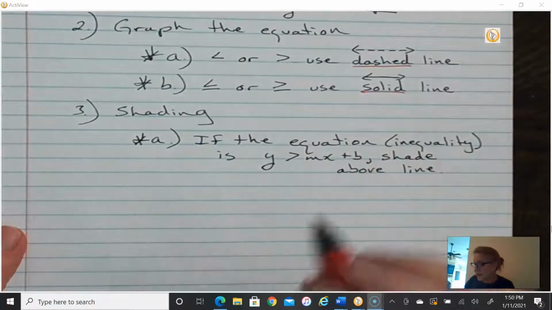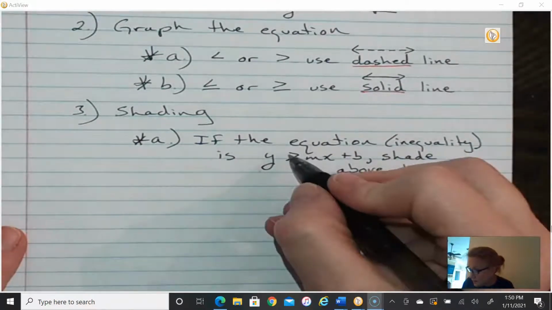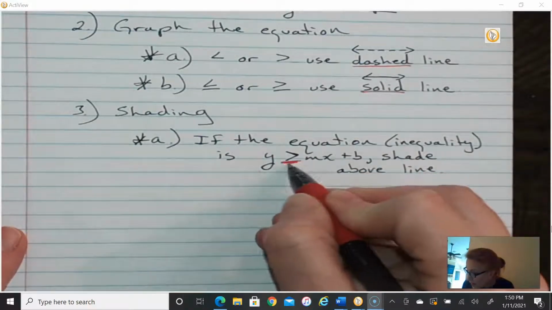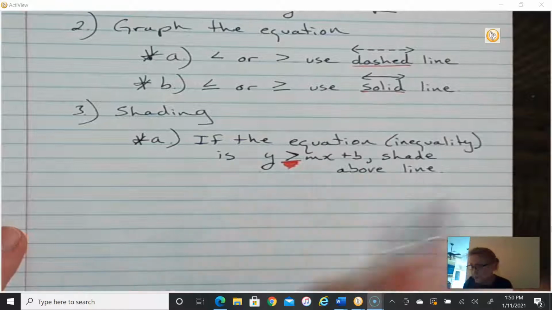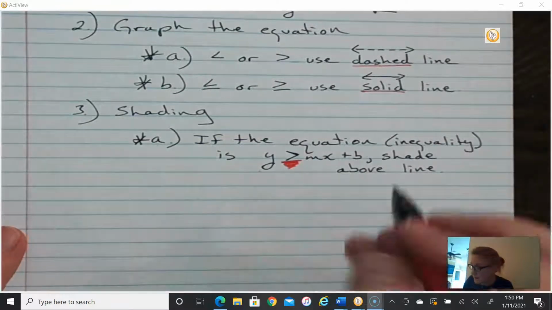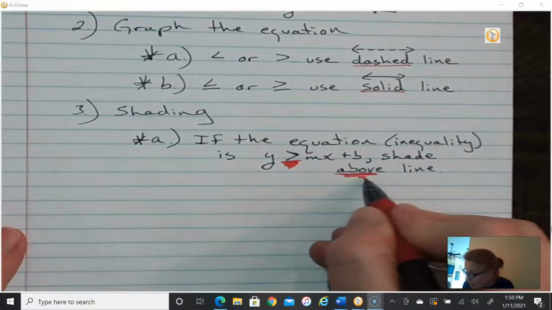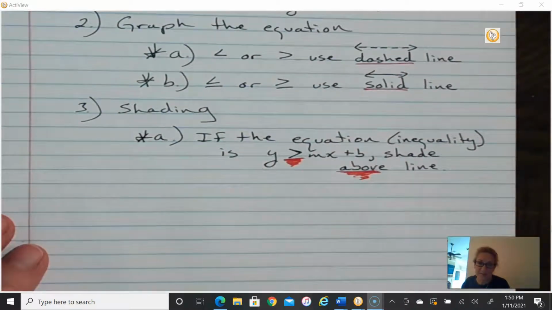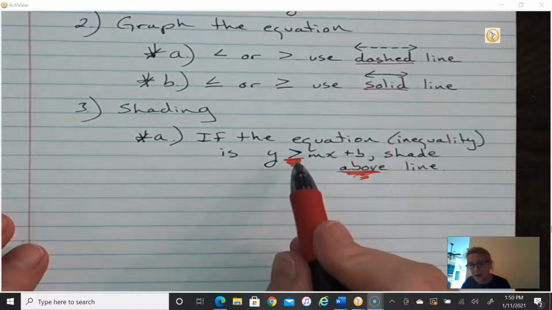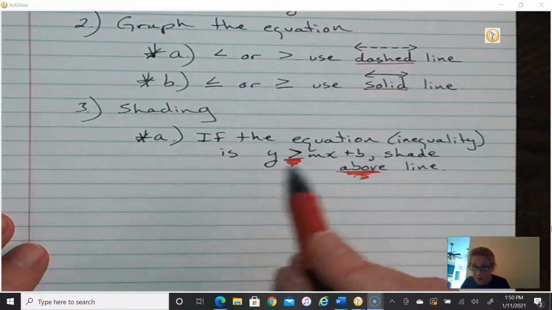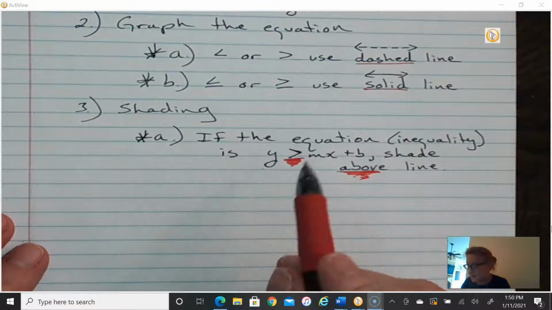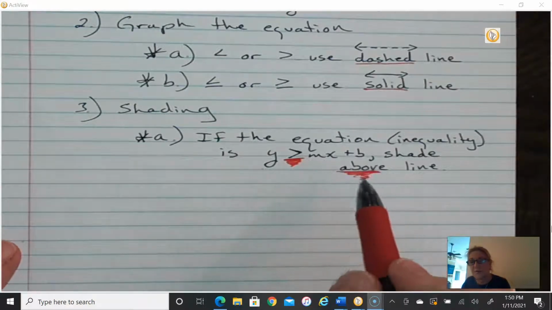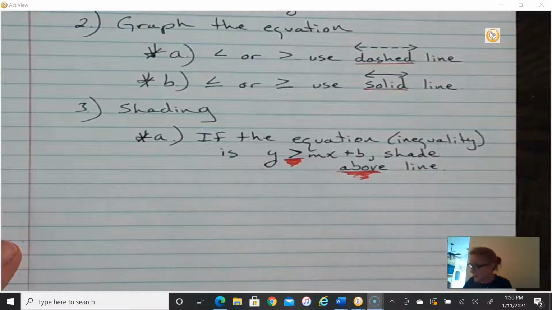So if your linear inequality has that greater than symbol, you're going to shade above the line. It works every time. Because you're going to be moving stuff around to get it into this format, y is greater than mx plus b, you're going to shade above the line.